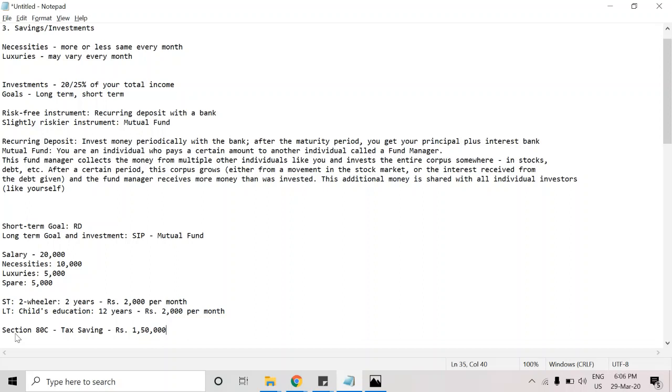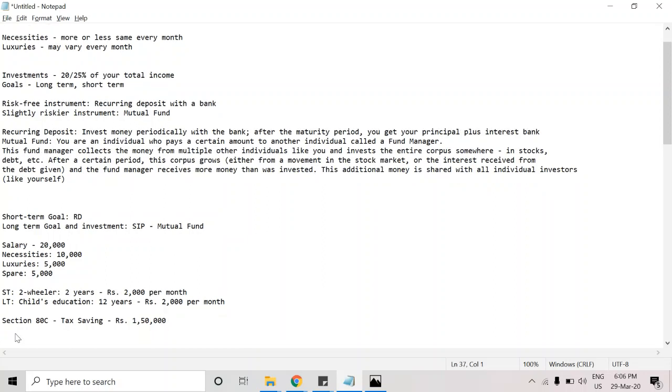I'm sure most of us would be doing these investments, but I'll just give a brief of ELSS, which stands for Equity Linked Savings Scheme. These are again mutual fund products where you can invest and claim tax rebate under section 80C. So I can invest in an ELSS mutual fund and my net taxable salary will come down by the amount that I have invested in this ELSS fund.